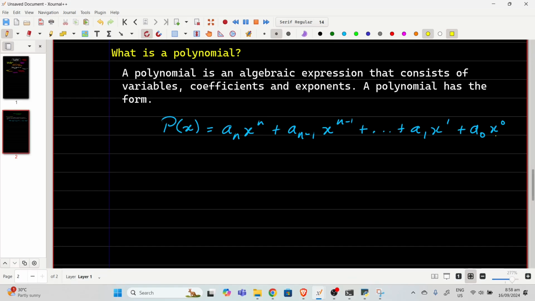This x to the power of 0 is 1, so it's usually excluded from this general form.